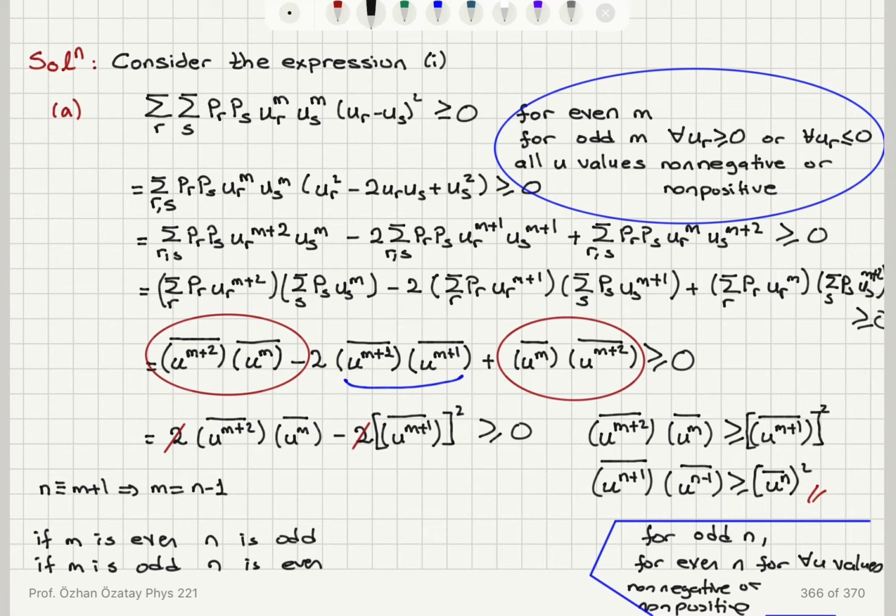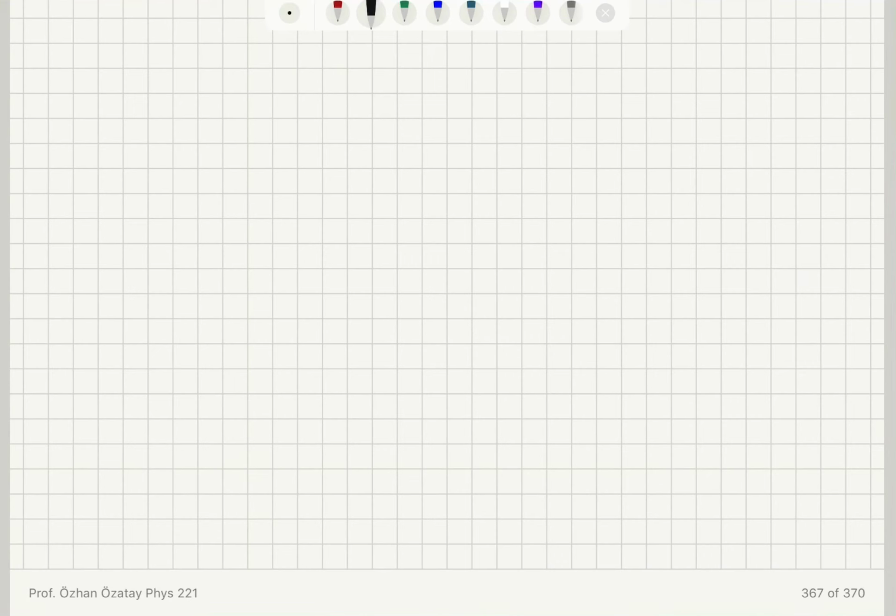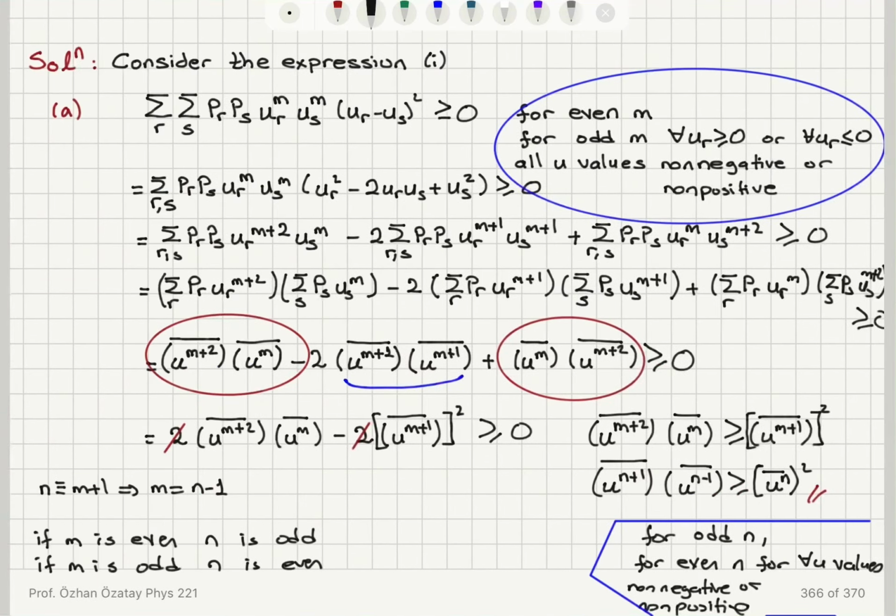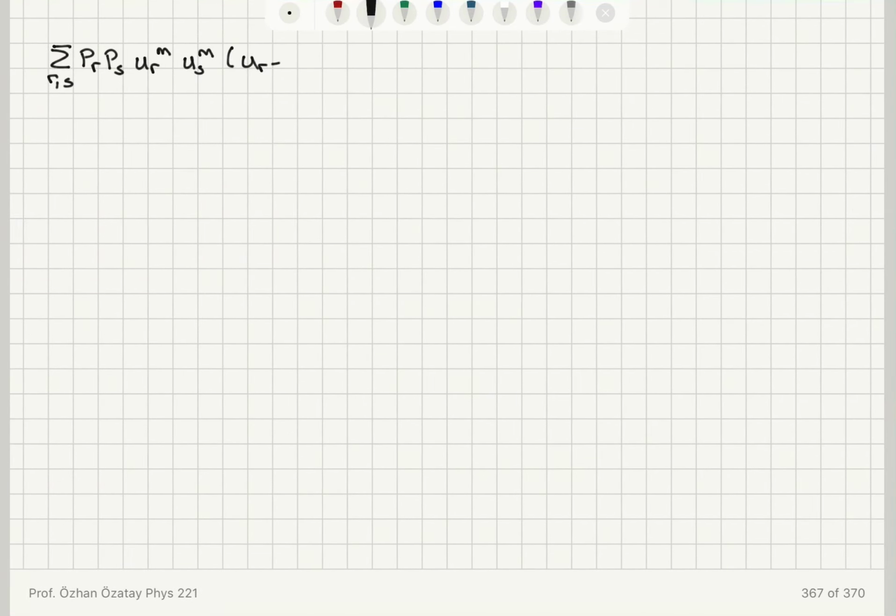Okay. And when do I have an equality? So going back to the expression I started out with, sum over R, S, PR, PS, UR to the power m, US to the power m, then I had UR minus US squared, this is greater or equal to 0. When is this equal to 0?